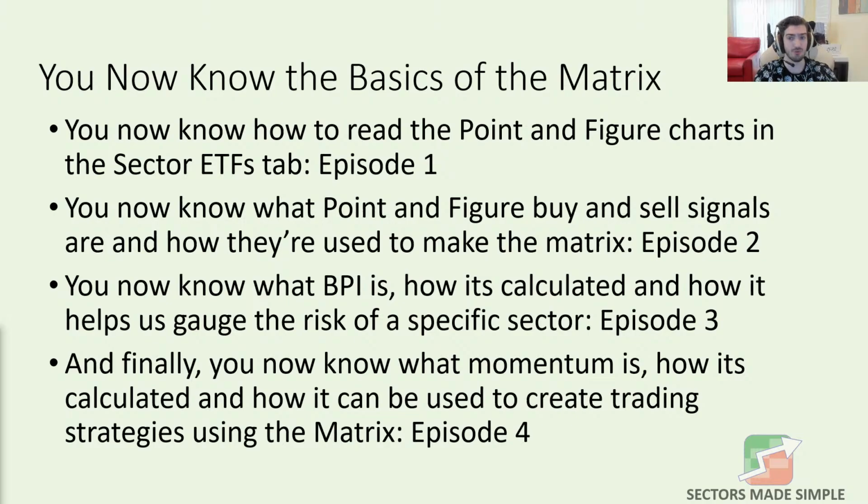In episode 2, we went a little further to talk about the buy and sell signals on point and figure using support and resistance barriers. And we talked about how those short-term direction and long-term trend turn into what we have on the matrix with X's and O's for short-term and positive and negative for long-term.